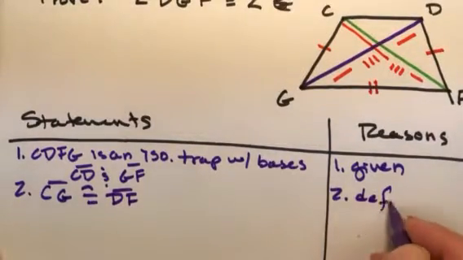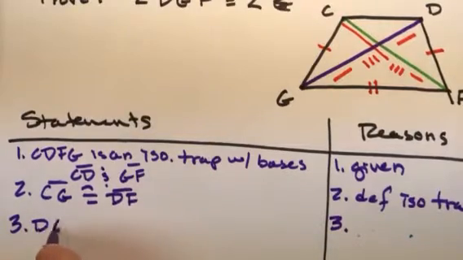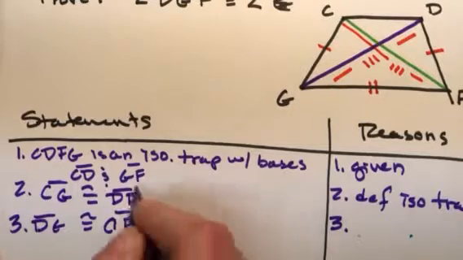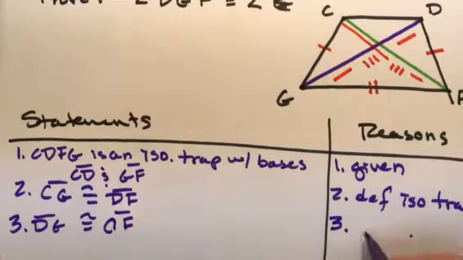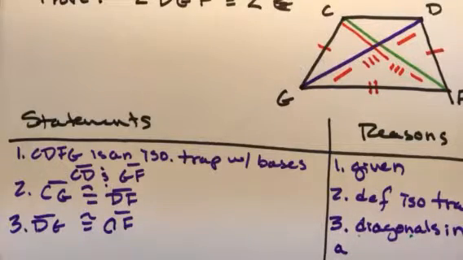That's the definition of an isosceles trapezoid. 3. DG is congruent to CF. I have to do these two separately because this is not part of the definition. This is a theorem that says that diagonals in an isosceles trapezoid are congruent.